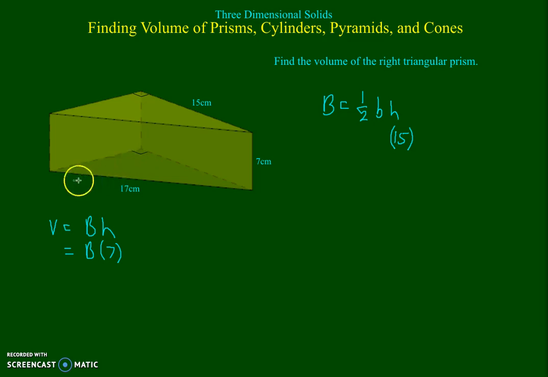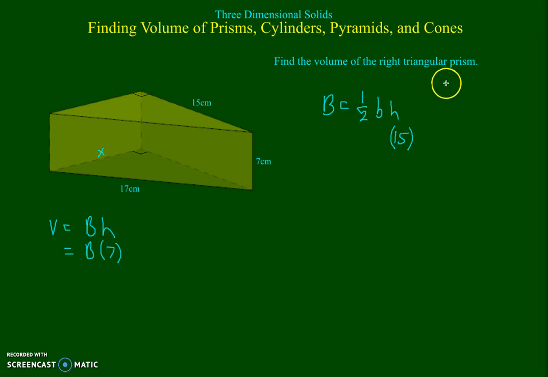So since this is a right triangle, and this piece is 15, and that's 17, we know that this must be an 8, 15, 17 Pythagorean triple. So we know that this is 8. Now if you couldn't see that, just use the Pythagorean theorem, and you could call this side x. Over here, you could say that this was x here.